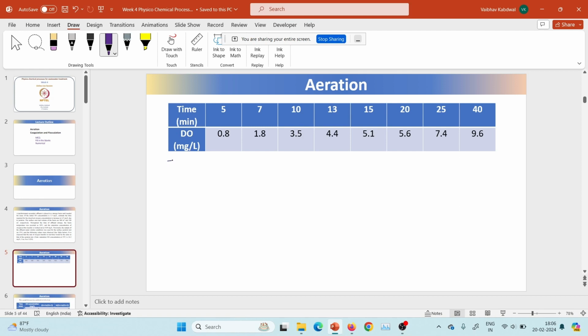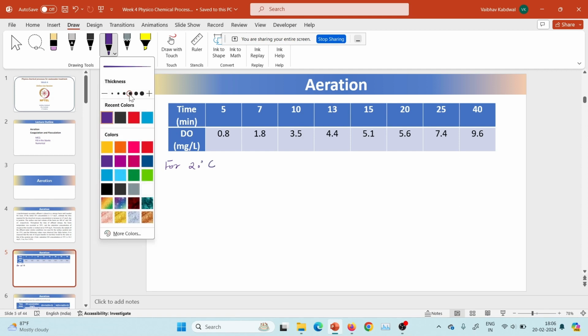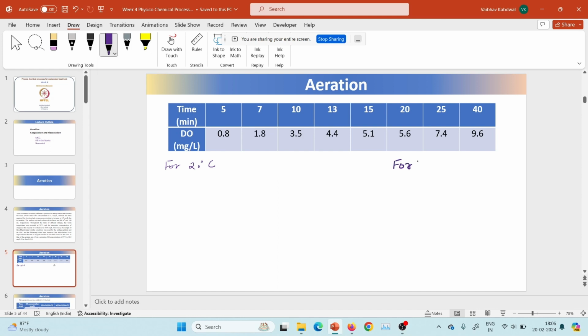One is at 20 degrees Celsius, and the other at 15 degrees Celsius. The test is performed at 15 degrees Celsius, and we have to calculate the time required to aerate from 1.5 to 8.5 milligram per liter.